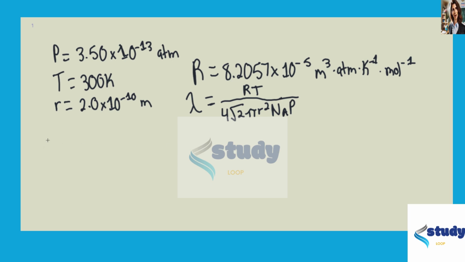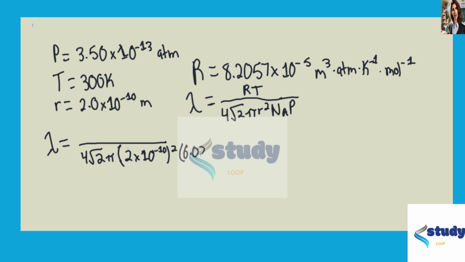So again, we have lambda is going to be equal to 4 radical 2 pi r squared, and I'm just doing the bottom in order to save as much space as possible. So we'll have 4 radical 2 pi, and then 2 times 10 to the negative 10th squared.